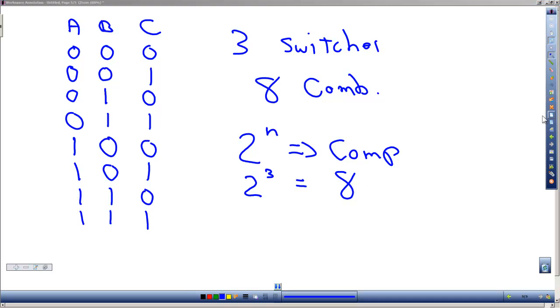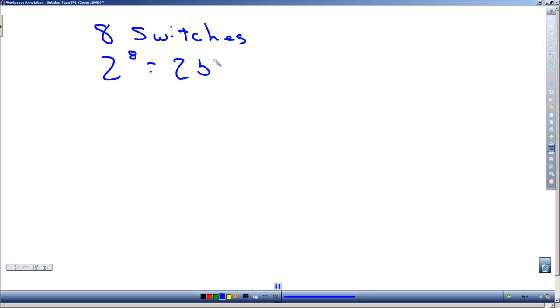Very typically in a digital electronics circuit, we use 8 switches to represent our value or our character. 8 switches, that's 2 to the 8th power, or 256 combinations. So using 8 switches, or 8 of these digital ons and offs, gives us 256 combinations.